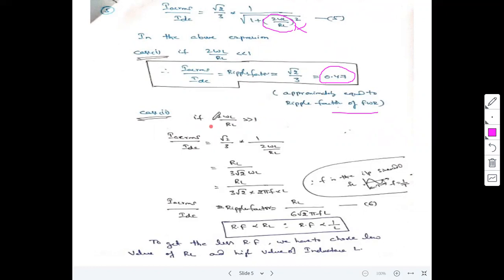Now the second case. What is the second case? 2 omega L by RL, where RL is the load resistor, is very much greater than 1.